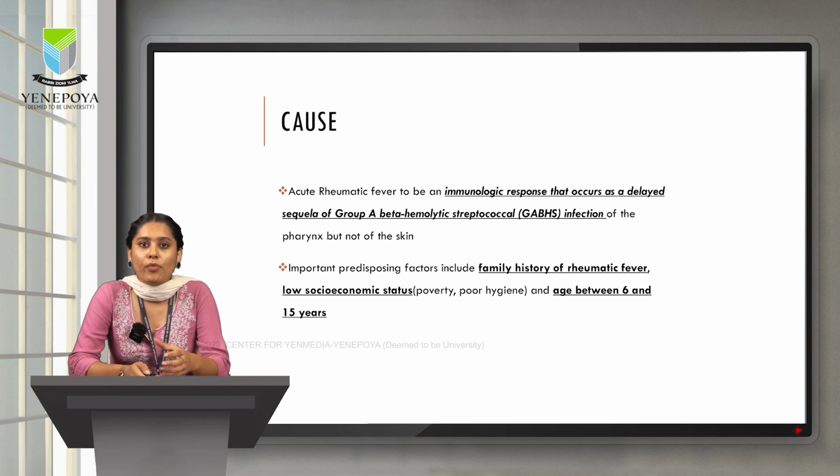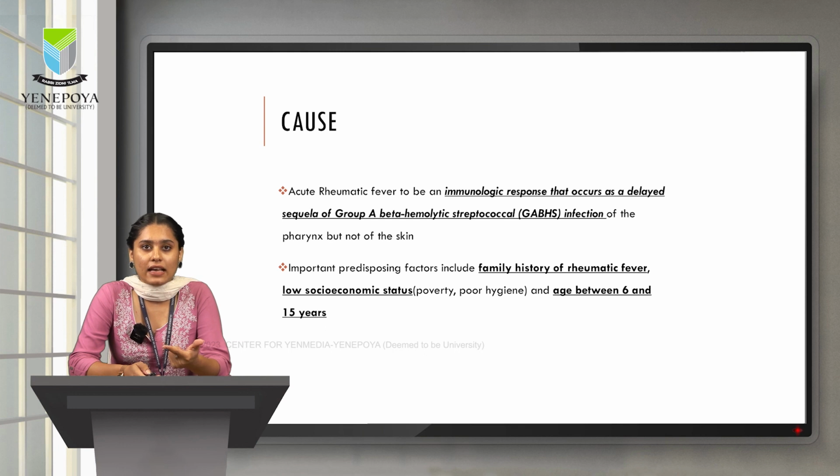What are the important predisposing factors for acute rheumatic fever? One of them is a family history of rheumatic fever. If the person who has got acute rheumatic fever already has a family history of rheumatic fever, they have higher chances of getting it. Also, a low socio-economic status. What does that mean?